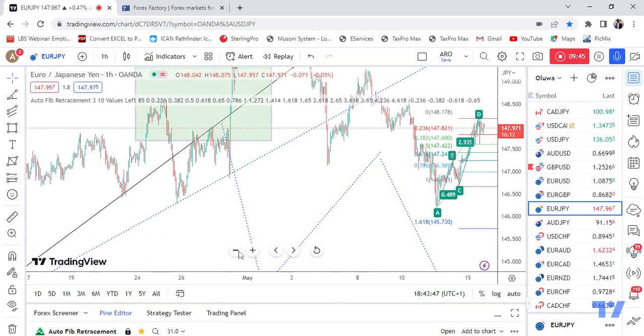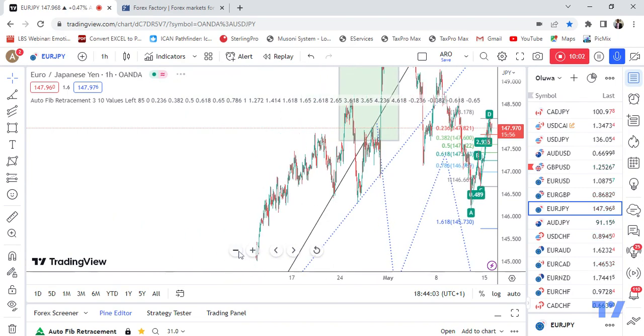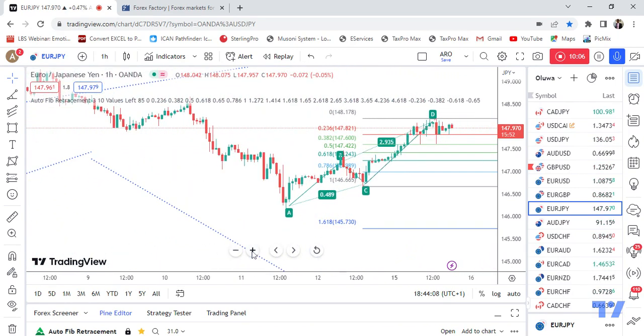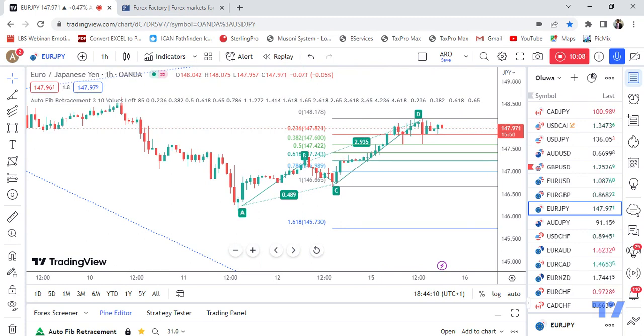If I zoom out, you can see the previous candlesticks of past occurrences that happened before. But by zooming in, I will only see the short candlesticks that are obvious to us in that place. So that's what zoom is used for.